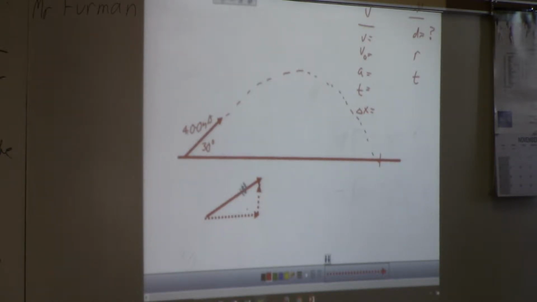What's the length of this side of the triangle? That's going to be my initial vertical velocity. And this side? That's going to be my horizontal rate. I have a 30-degree angle, so this is a 30, 60, 90 triangle. The hypotenuse has a magnitude of 400. It doesn't really matter whether it's meters per second or newtons.